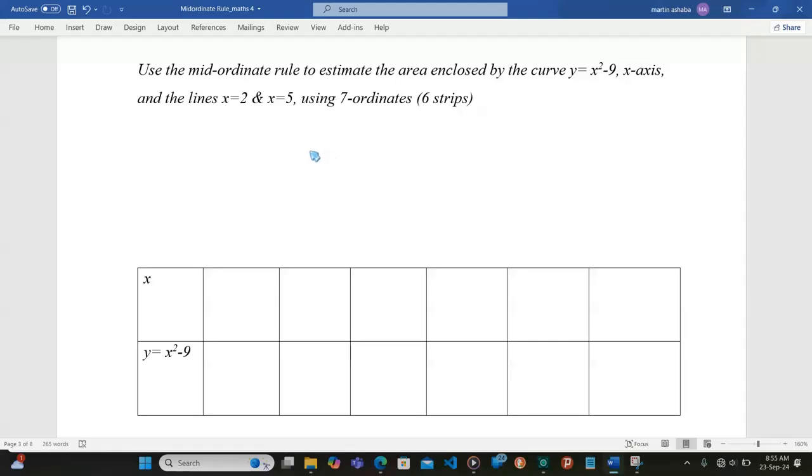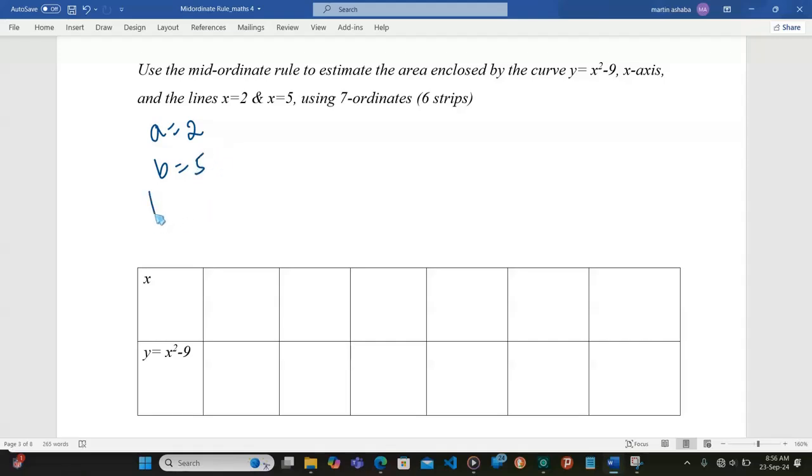Once you're given such a number, you have to understand that using the mid-ordinate rule, I need to look at the interval. So a is equal to 2 and b is equal to 5.